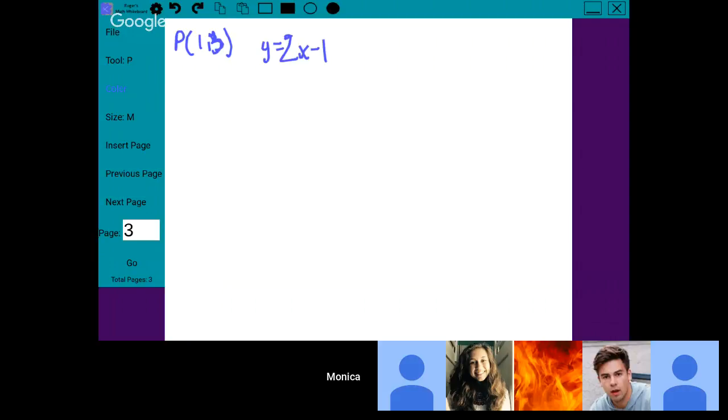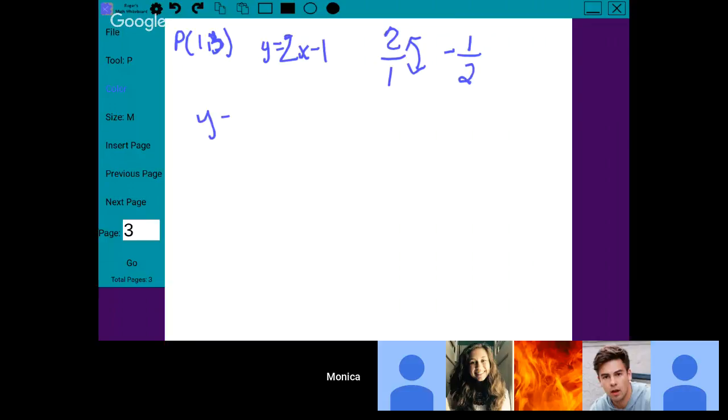Okay, you do have to flip it and you also have to make it the opposite sign, okay? So if the slope of this line is 2, then that's like saying 2 over 1. Then if we flip it and make it the opposite sign, it's going to be -1/2.